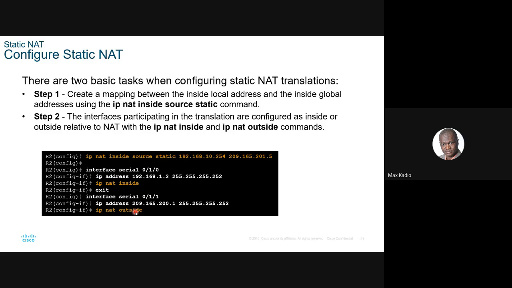Then the router knows where it stands. Then you do IP NAT inside source static. This private will be changed to this public.